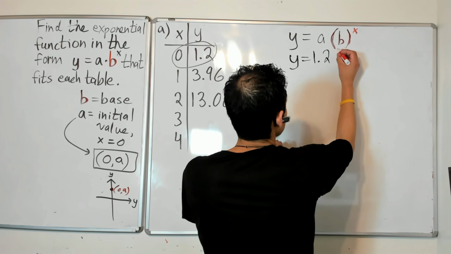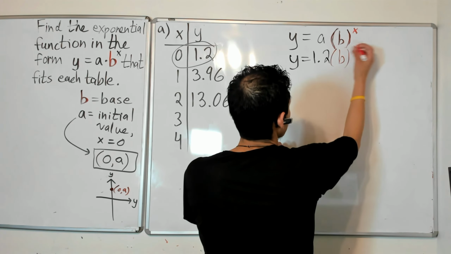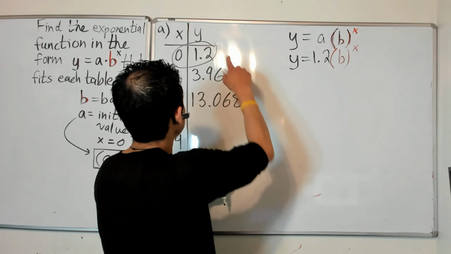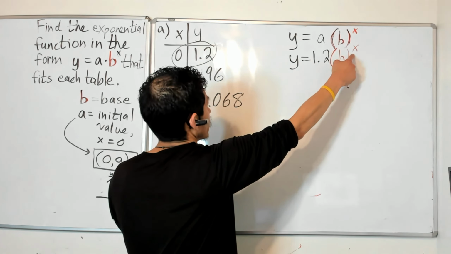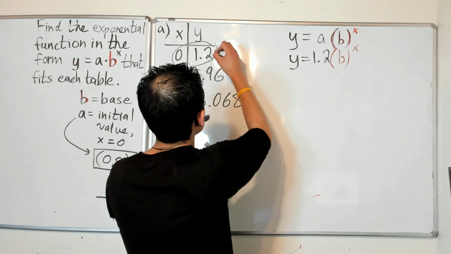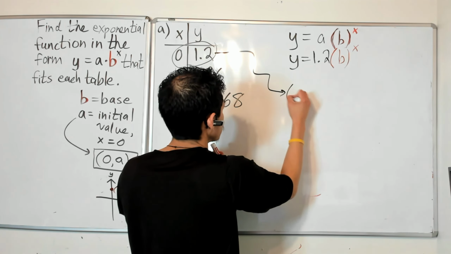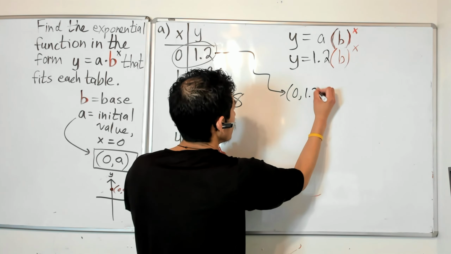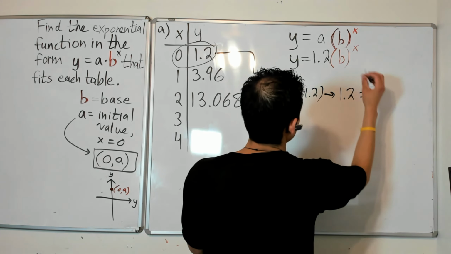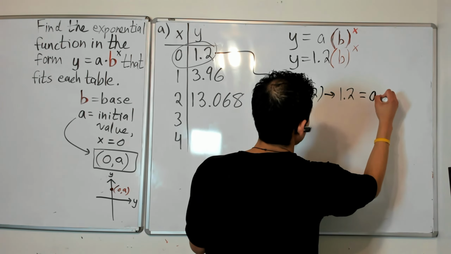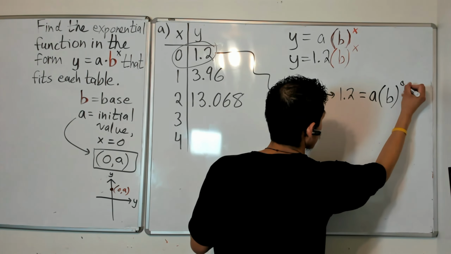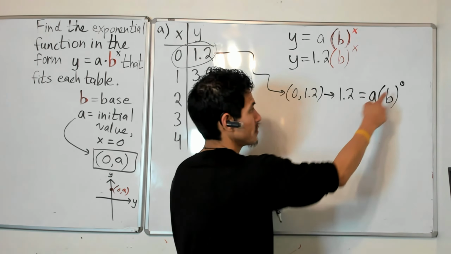So we can write this as y equals 1.2 times b to the x power. And if you're wondering how you can show this, you just have to plug 0 in for x. This is saying that it goes through the point 0, 1.2, meaning that if you substitute 1.2 for y and 0 for x, it'll be a times b to the 0.